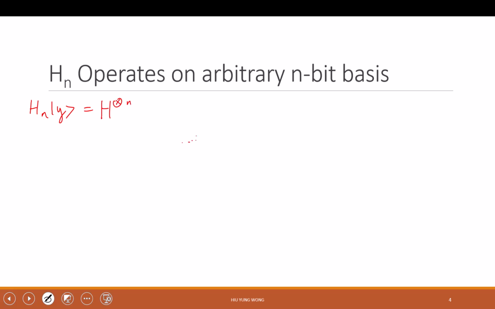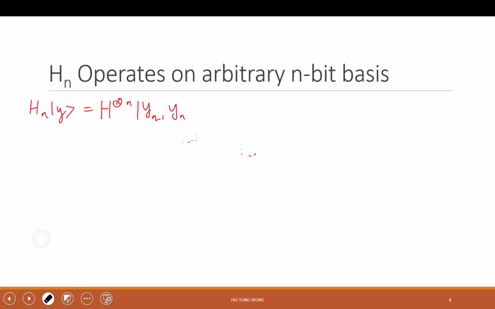To make this very clear, what is the meaning of y? y is y n minus 1, y n minus 2, all the way to y 3, y 2, y 1, and then y 0.